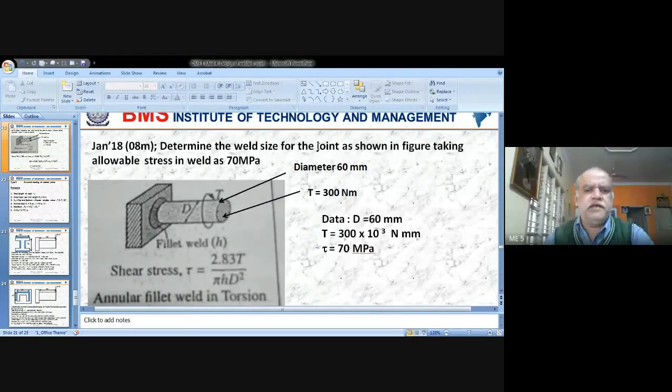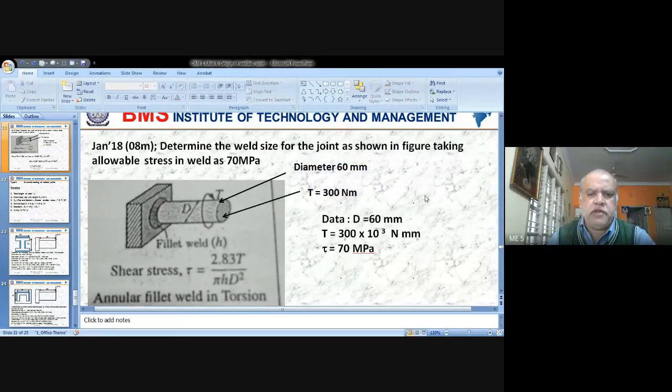Determine the weld size for the joint as shown in figure, taking allowable stress in the weld as 70 megapascal. It is given that T is equal to 300 Newton meter and diameter is equal to 60 mm.